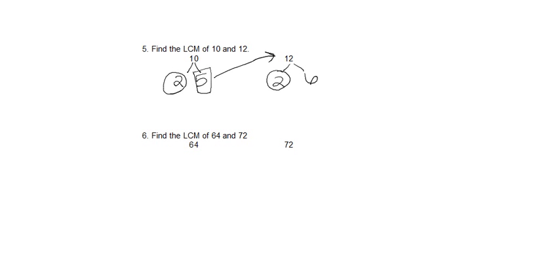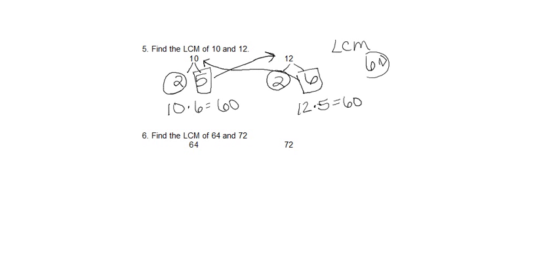The 5 from the 10 and the 6 from the 12 we do not have in common. So we take them to the other. So we're going to have 10 times 6, which is 60, and 12 times 5, which is 60. So my LCM is 60.